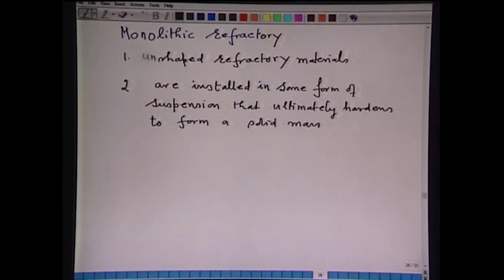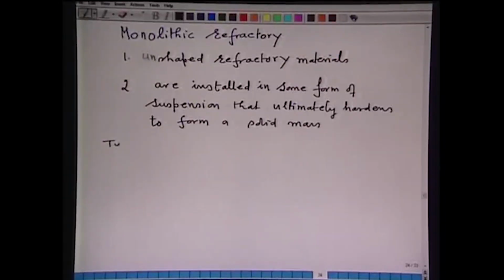That means these monolithic refractory materials are in fact in powder form, and depending on the design of the reactor, they are installed right at the spot. They are unshaped, and they can be given any shape depending on the requirement of the reactor.